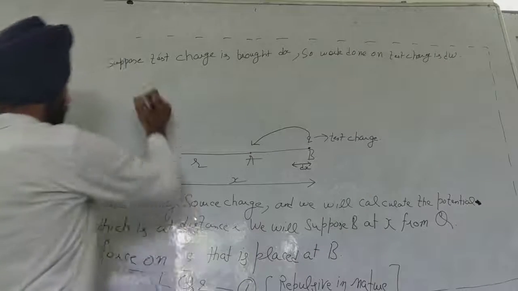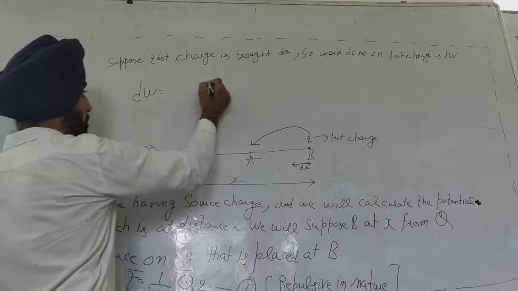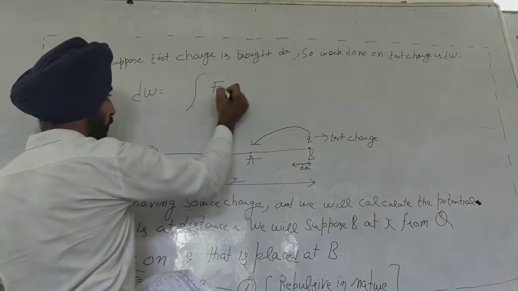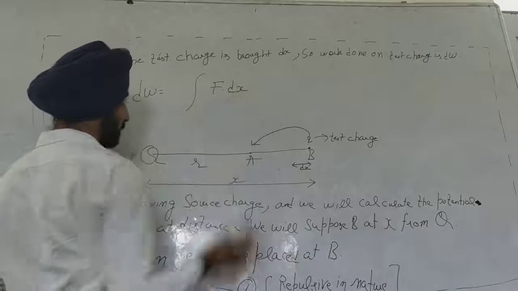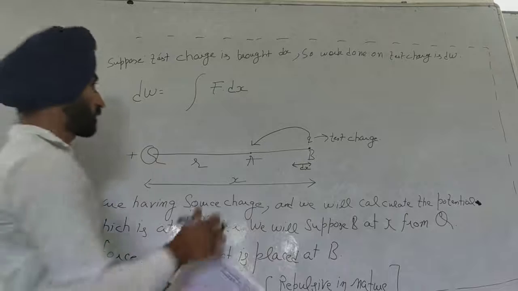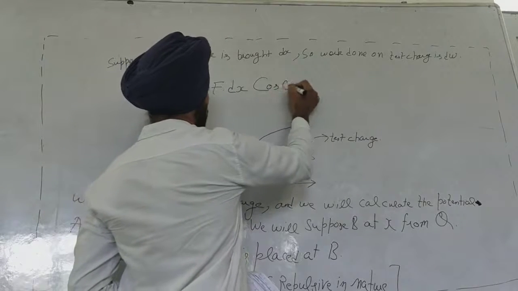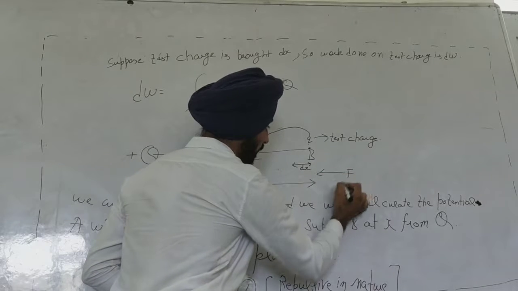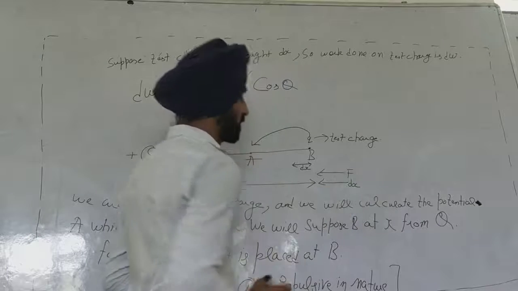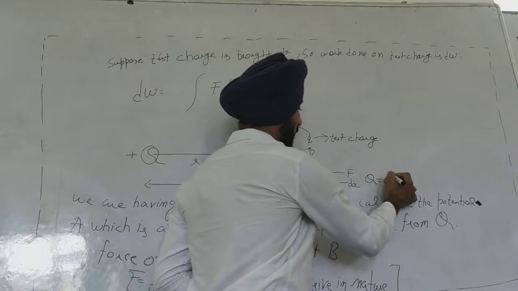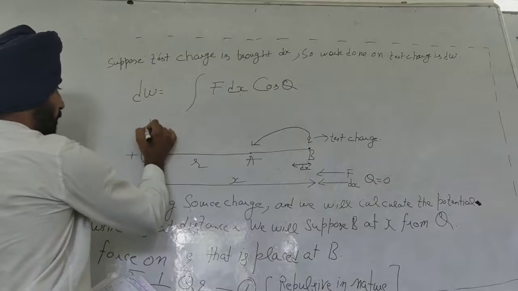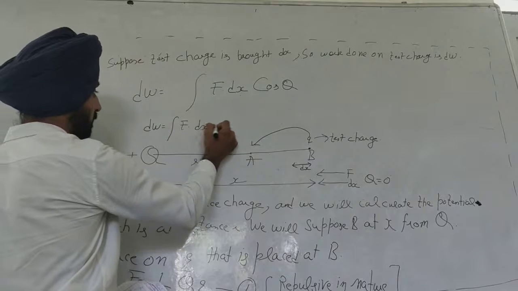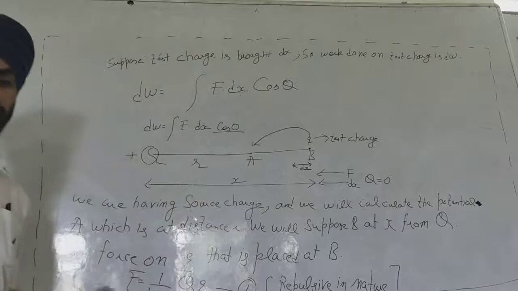What is dW? dW will be equal to F dot dx, as we are displacing this test charge through a small displacement dx. What is the angle between force and displacement? We are applying force in this direction and displacement is also taking place in this direction. So the angle is 0, so theta will be 0. So it will be equal to F dx cos 0, and cos 0 has a value of 1.